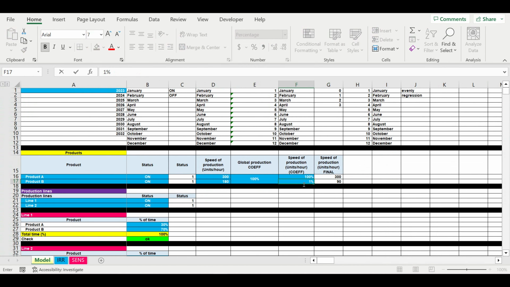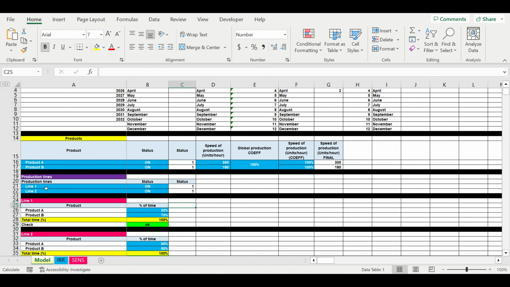And this usually takes a long time for a business owner, to play with all these coefficients. The next story: for example, the entrepreneur wants to see what will happen if we have two manufacturing lines, and he says, what will happen if I won't be using line number 2?